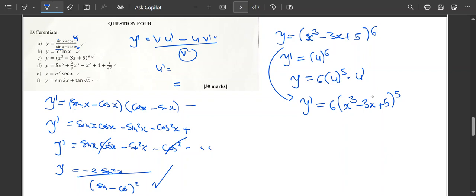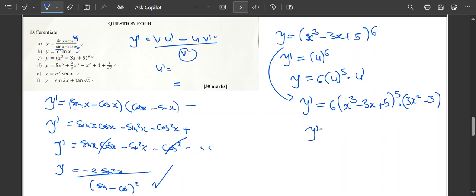So 5, like that. So it has reduced with the power. Then the same thing, multiply times what is inside, the dy dx of what is inside. So differentiating what is inside, this one will be 3x to the power 2, then minus 3. 5 is constant. So like this.